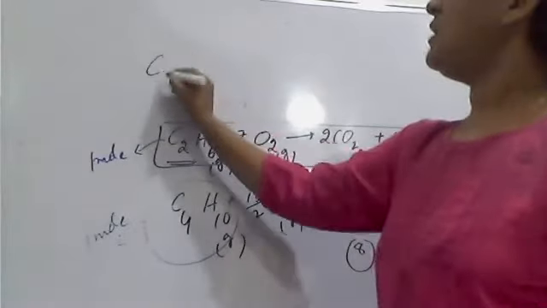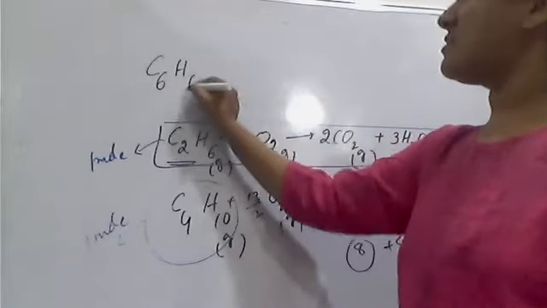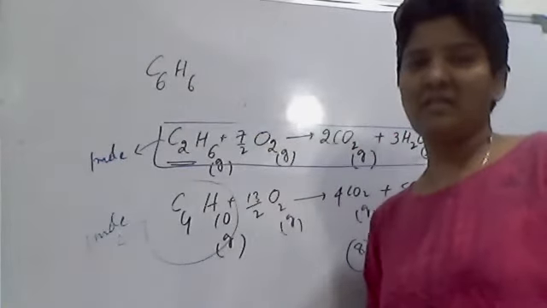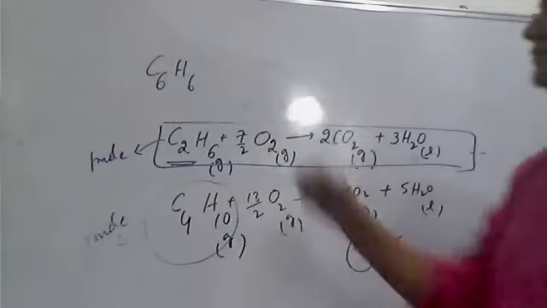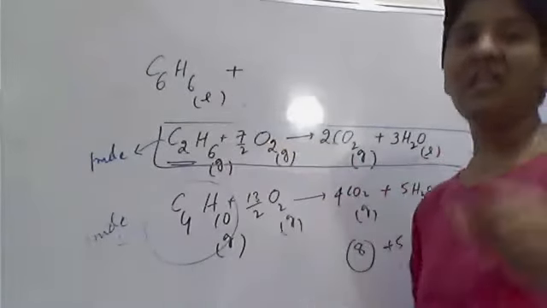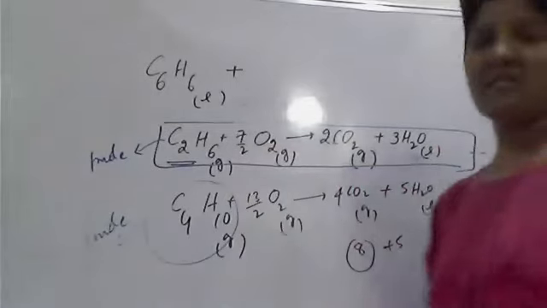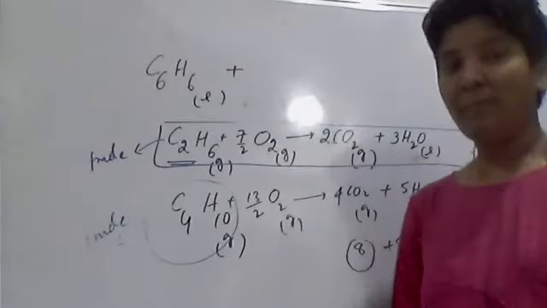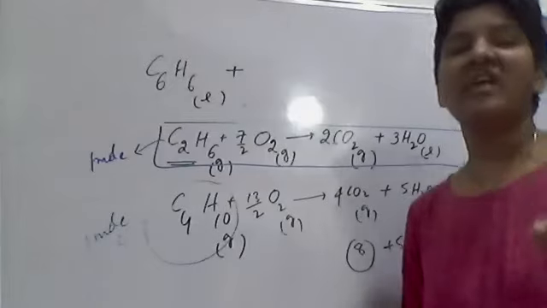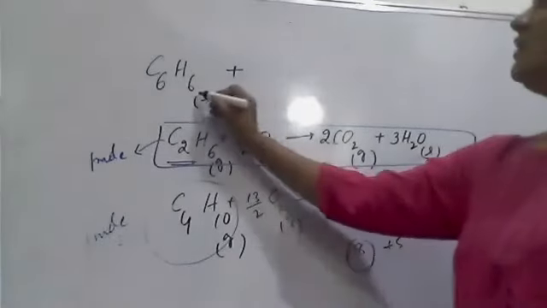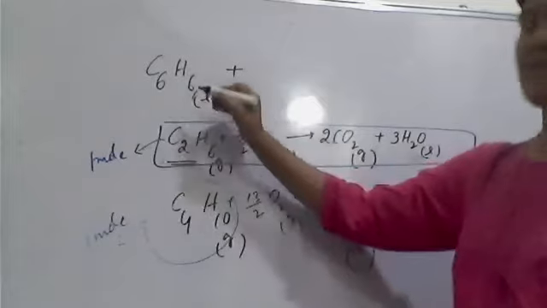Its formula is C6H6. So when this benzene burns, remember that benzene exists in the liquid state. The benzene liquid is used in dry cleaning clothes, silk clothes. So benzene's standard state is liquid.